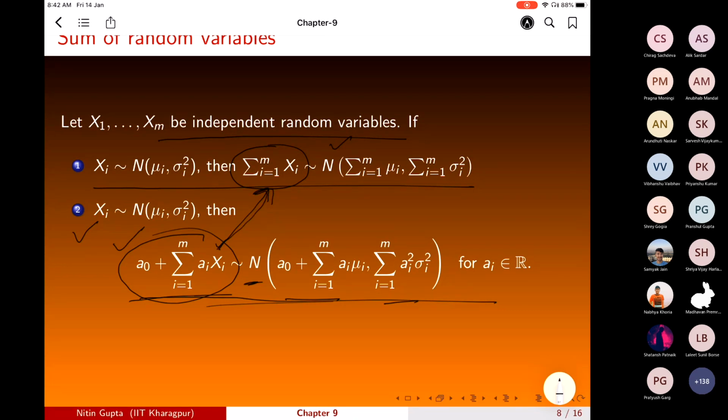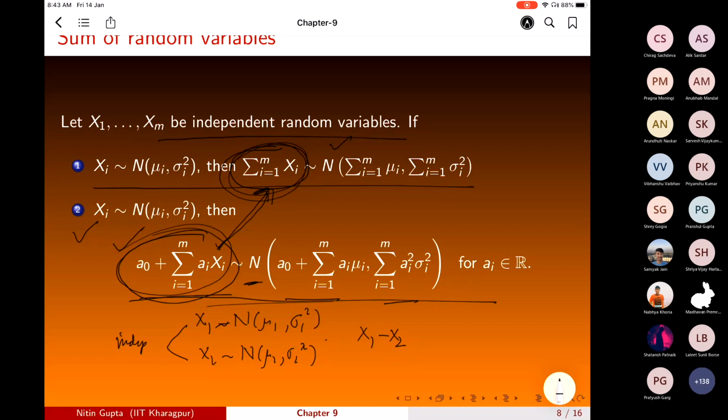For example, I may be interested in, let us say, x1 is normal mu1 sigma1 square, x2 is normal mu2 sigma2 square, both of them are independent. Then let me find out x1 minus x2. What is the distribution of x1 minus x2? So you cannot give the proof from here, you can give proof from here.